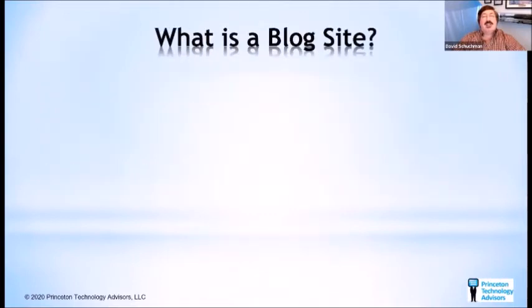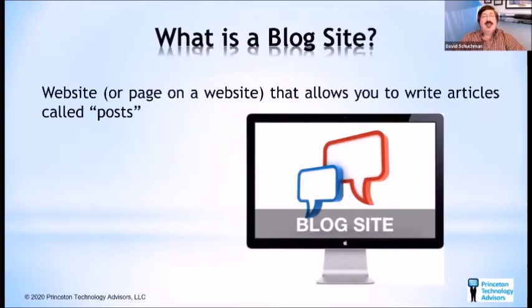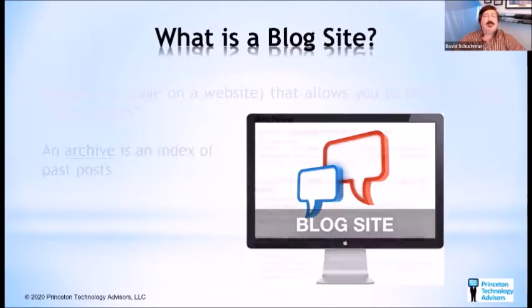There are also blog sites, and a lot of people see these very differently, but they're really not different. They're a website, or for some people, a page on an existing website. Typically, you use them to write some sort of articles. They tend to be fairly small, a page or two at most, and those articles are called posts.